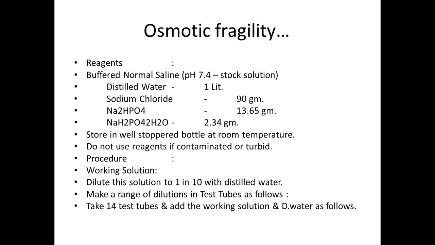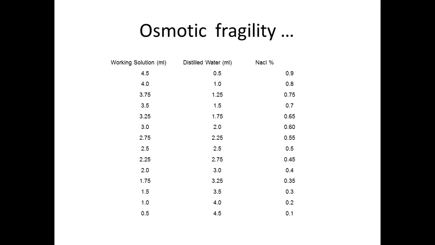We take 14 test tubes, and to these 14 test tubes we add working solution and distilled water in the following proportion. We first add working solution, 4.5 ml in the first tube, then 4 ml, then 3.75 ml, like that, and to it we add distilled water in various proportions.